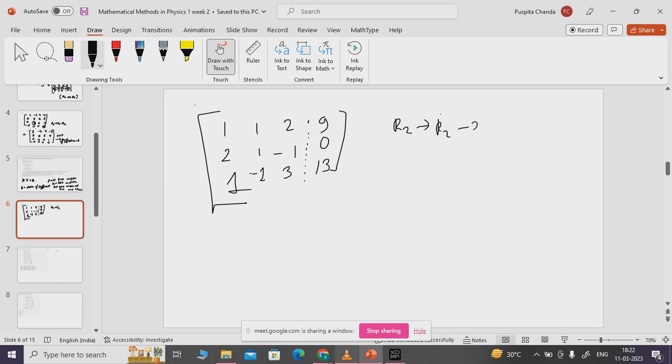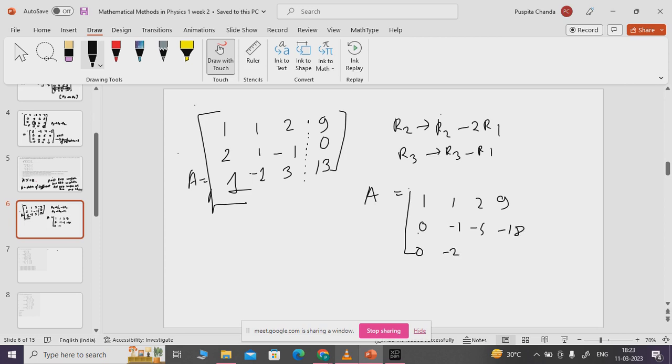Okay, right. Then R2 will be R2 minus 2 into R1, R3 will be R3 minus R1, and if we put a name here, A, so now A will become 1 1 2 9, 0 minus 1 minus 5 minus 18, and 0 minus 2 1 4.